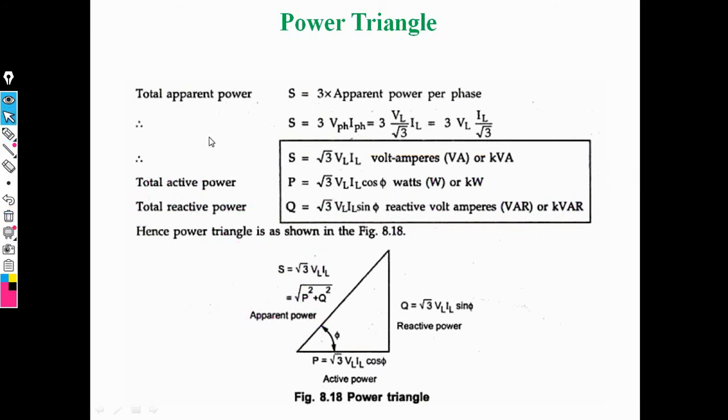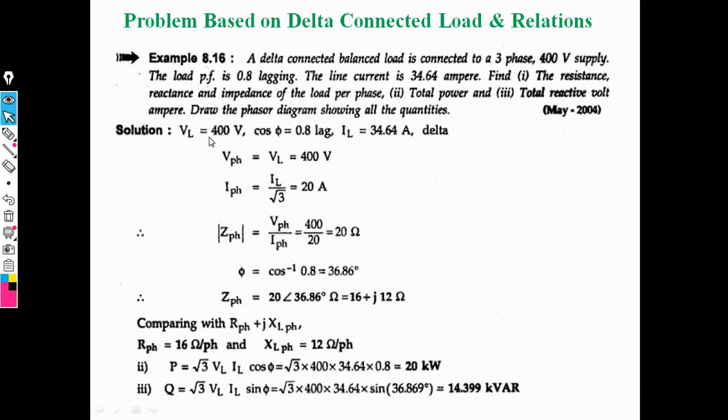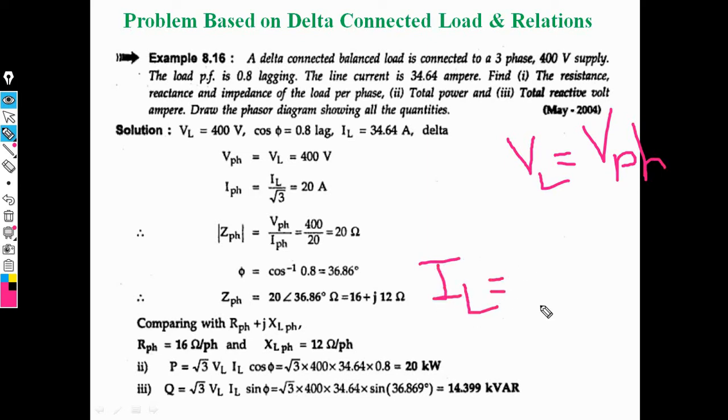Now the next point is a problem based on the delta connected load. Here we need the formulas for delta: VL is equal to VPH, and IL is equal to root 3 into IPH.